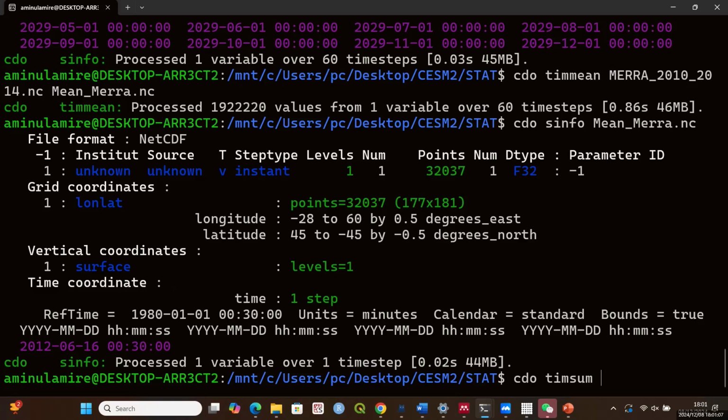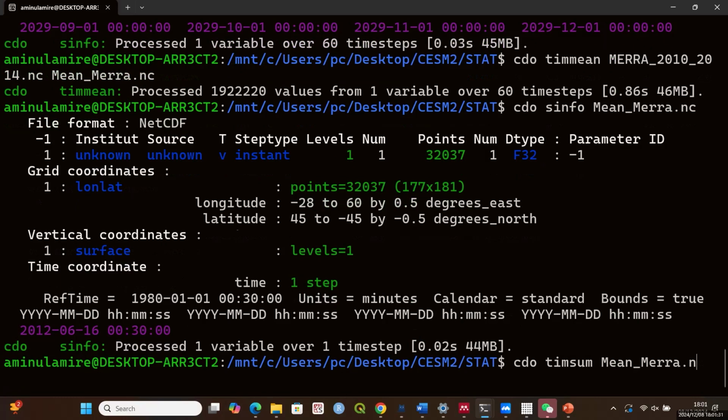So for rainfall, for example, you just do CDO timsum. If this was rainfall, you just do CDO timsum, then Mela.